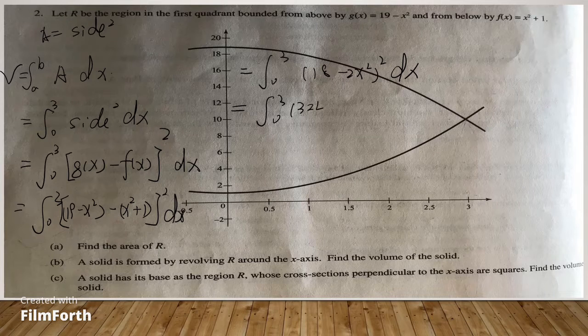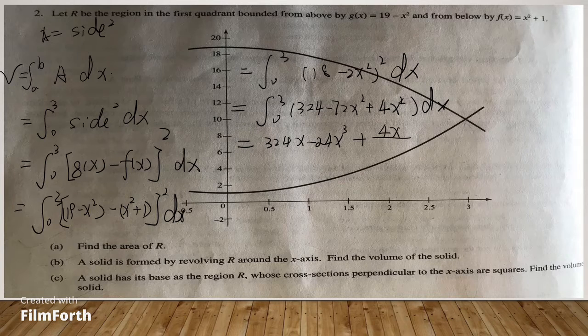So 324 minus 72x squared plus 4x to the fourth dx. So it's 324x minus 24x cubed plus 4x to the fifth over 5, from 0 to 3.